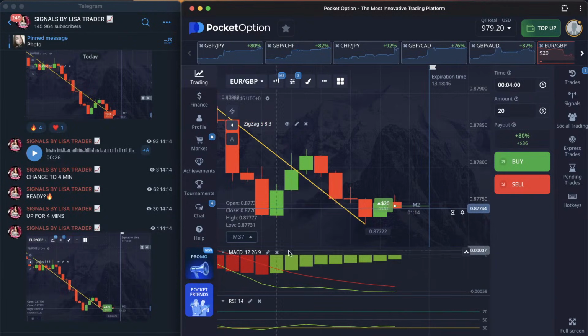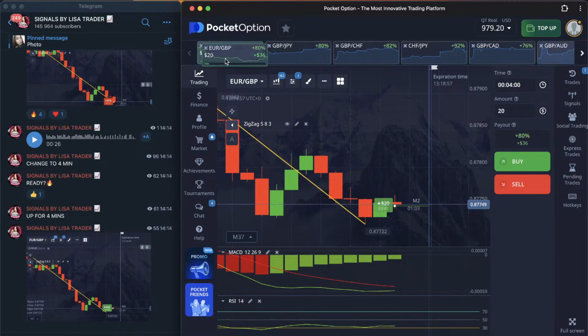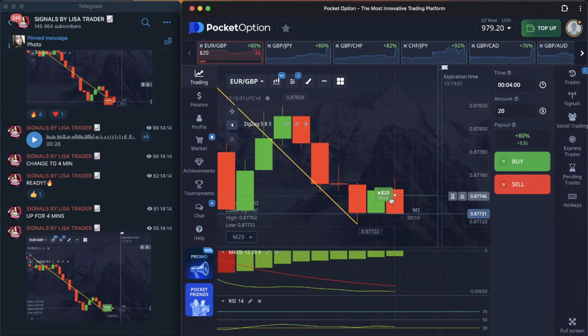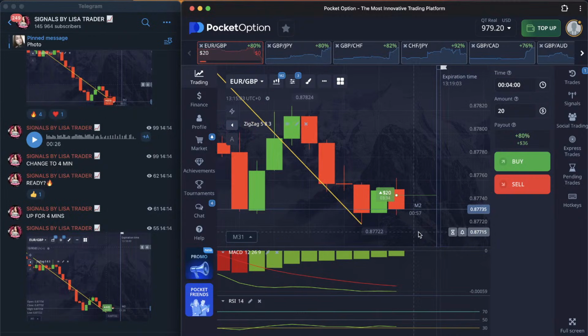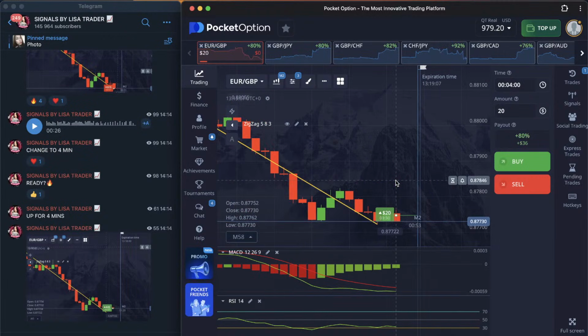See also the green pin bars on the MACD. The RSI line starts moving a little bit out of the oversold zone, but still not that confident, of course, because it's just the start. It always fluctuates a bit, so that's why we took more time here in case of this kind of situation. So we just wait.